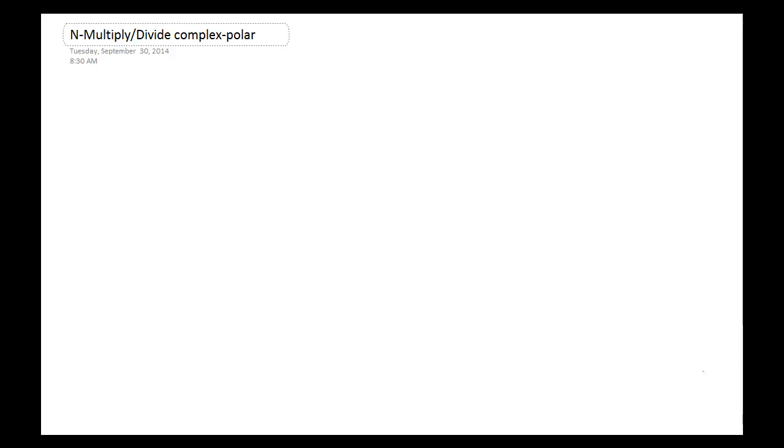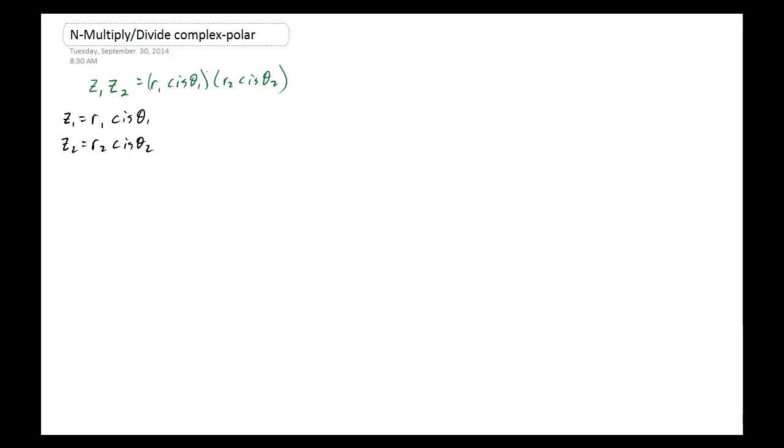The first thing that we want to talk about is just looking at two vectors being multiplied by each other, z1 times z2. Now if we define each of these and we say that z1 equals r1 cis theta 1, and we say that z2 equals r2 cis theta 2, then essentially z1 times z2 is equal to r1 cis theta 1 and r2 cis theta 2.